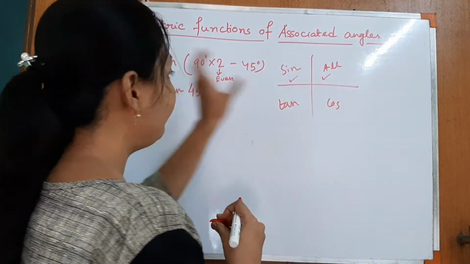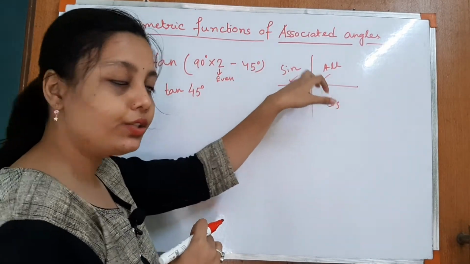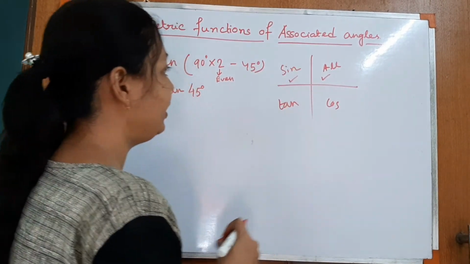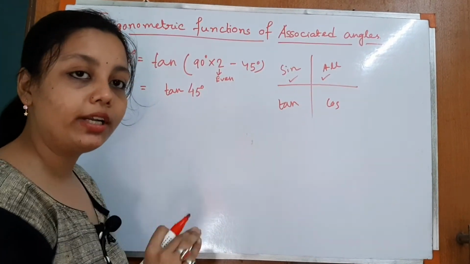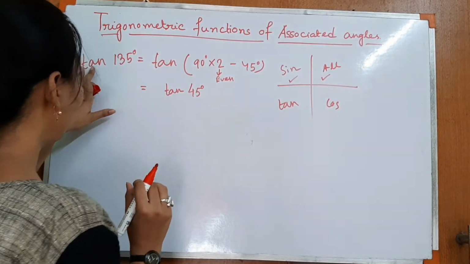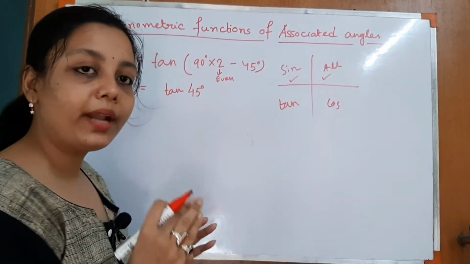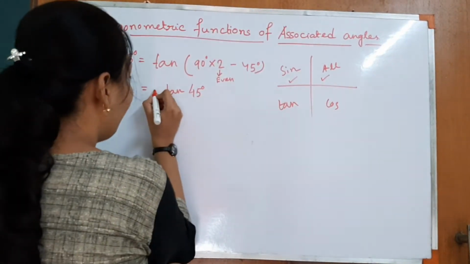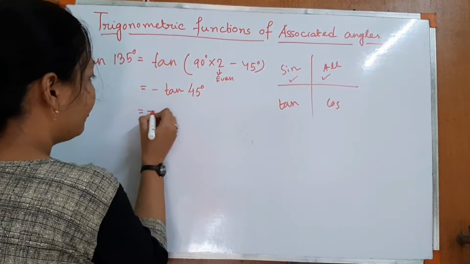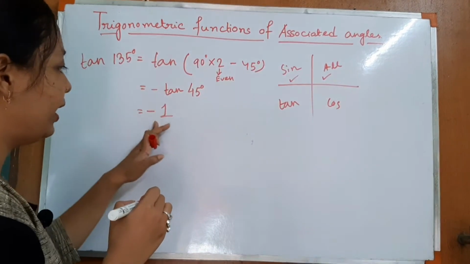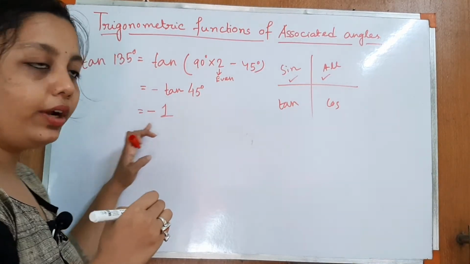Since 135 degrees lies in the second quadrant, in this second quadrant sine contains a positive sign, and here we have to find the value of tan, but in the second quadrant tan contains a negative sign, so we take a negative sign, and the value of tan 45 degree is 1, so the value of tan 135 degree is -1, okay.